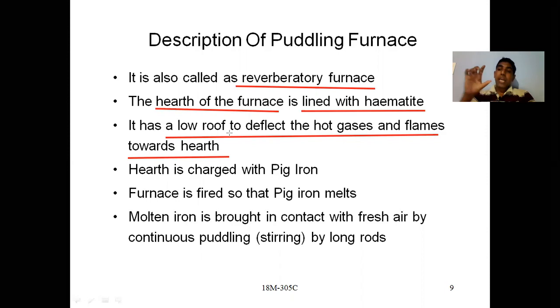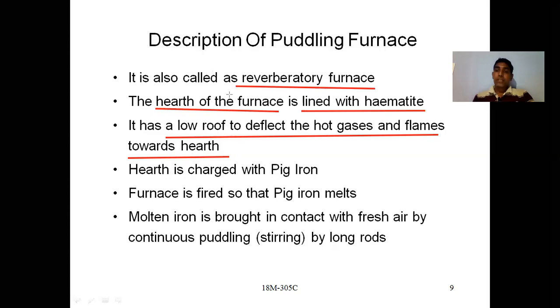That means the gap is very low. Because of that, the hot gases and the flames are deflected towards the hearth. So that's why it's called a reverberatory furnace.